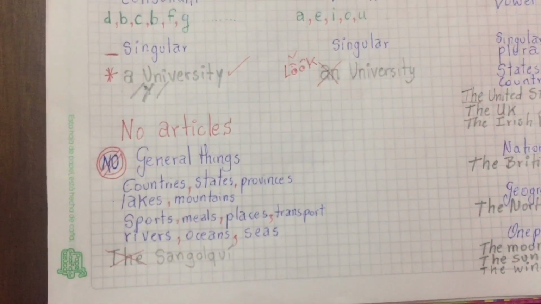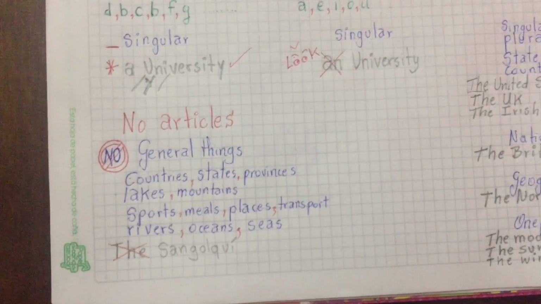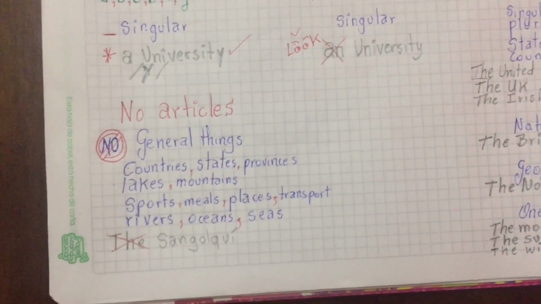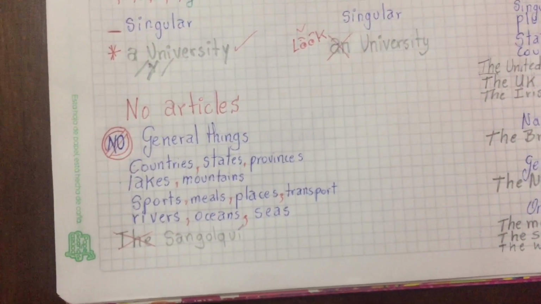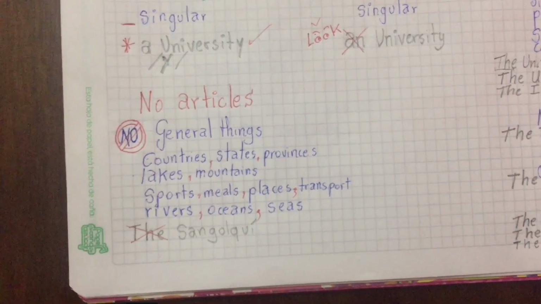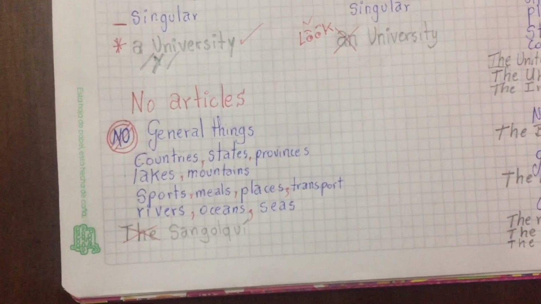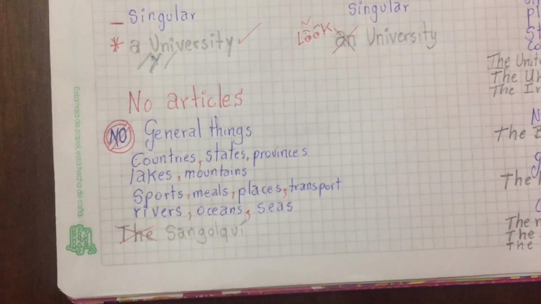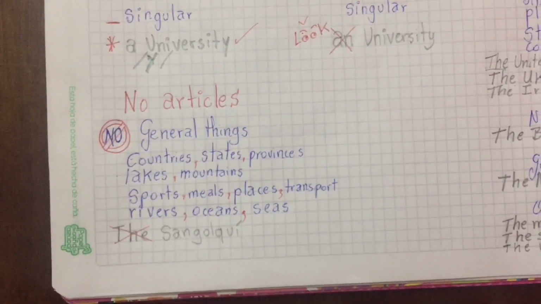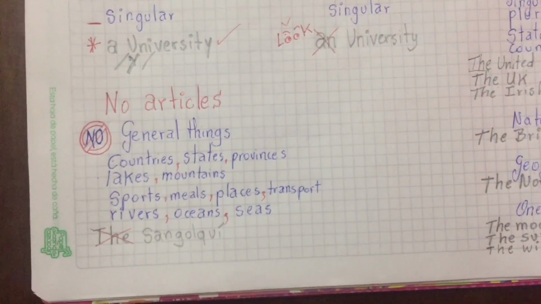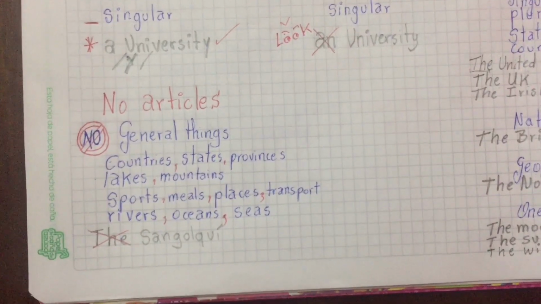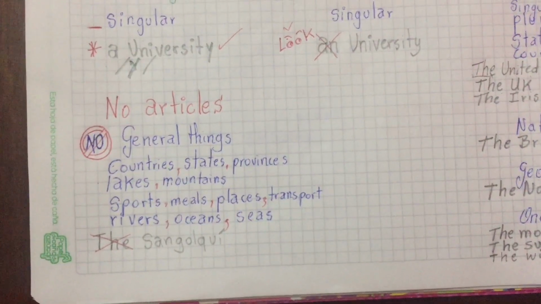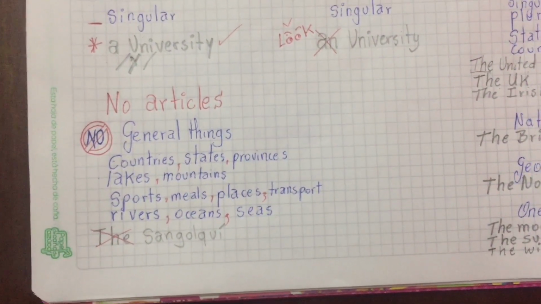For example, in Spanish we say la María, but in English we never say the María, because it sounds foolish, like something awful. You never say that. You have to say just Maria or Anne, just the names without articles.